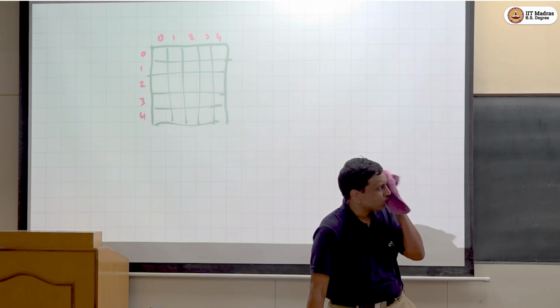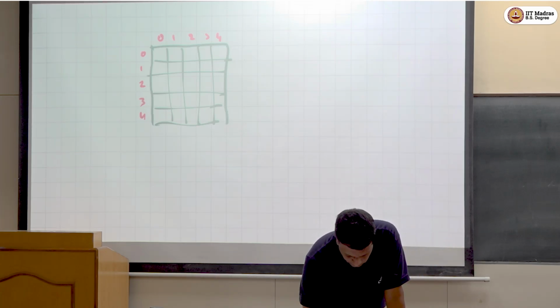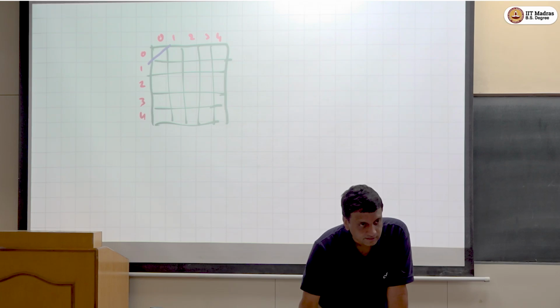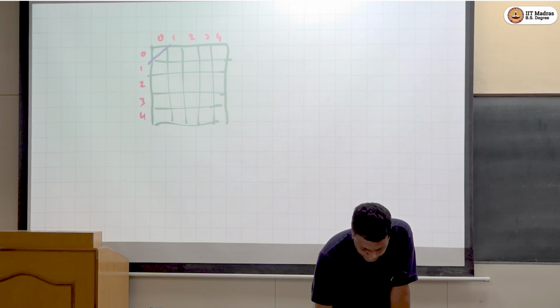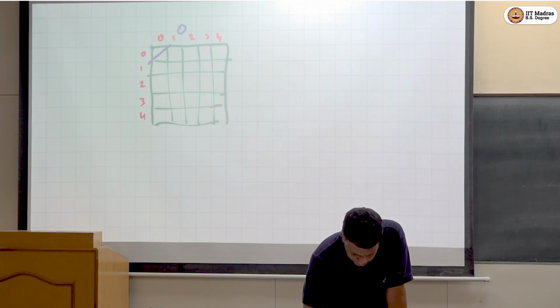So these are the row and column numbers. So this diagonal has row 0 and column 0. I is 0, J is 0. So this is diagonal number 0.